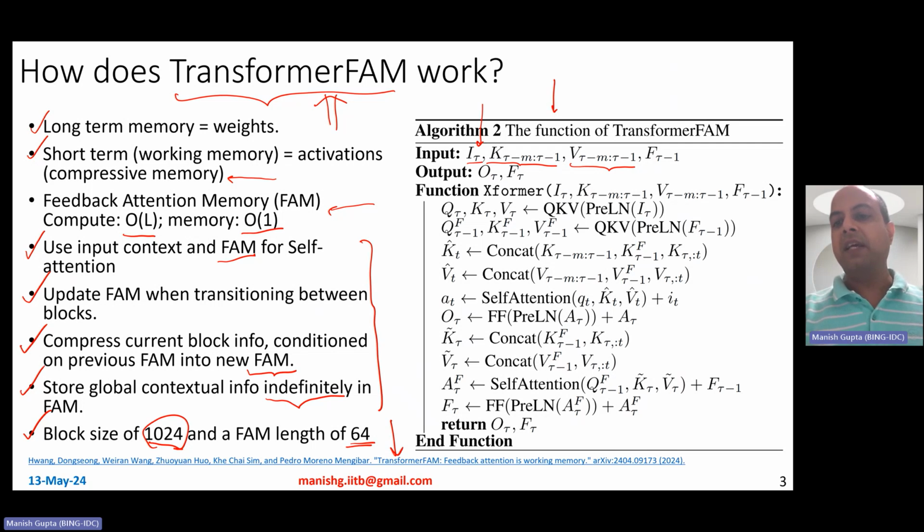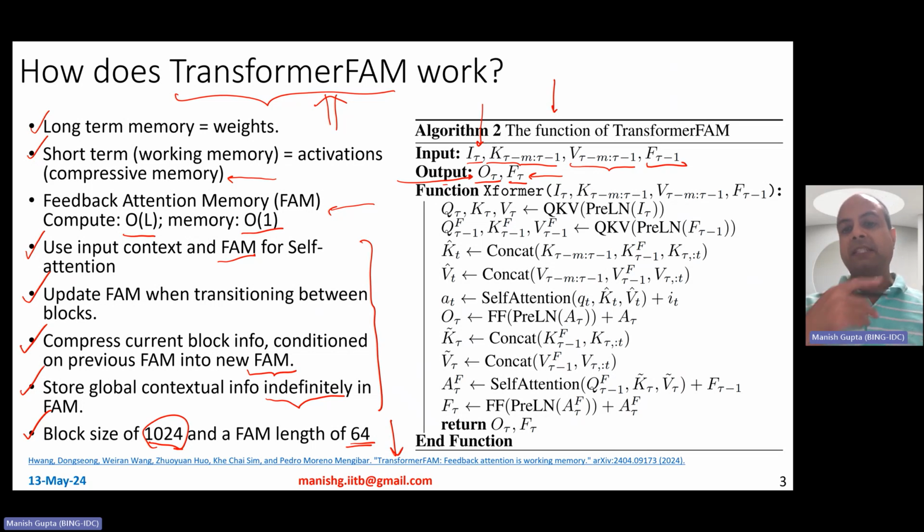I also have the memory so far, the feedback attention memory, which I'll represent using F. Okay, so memory so far is F, and I'm going to output the output O and then the feedback attention memory for the next block, F tau. Of course I must output the output from the transformer layer, but I must also output the feedback memory to be leveraged for the next few blocks.